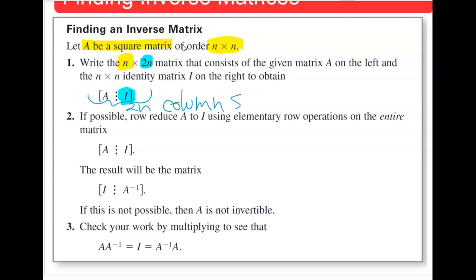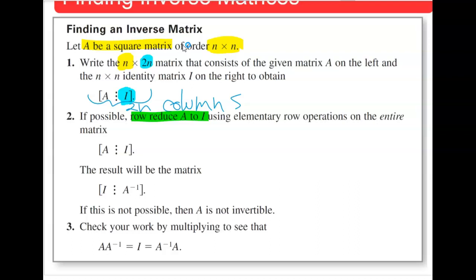Also, if possible, we row reduce A to I using elementary row operations on the entire matrix. So you have to apply the same operation to the whole row, the side on the left side of the dotted line and the right side as well.